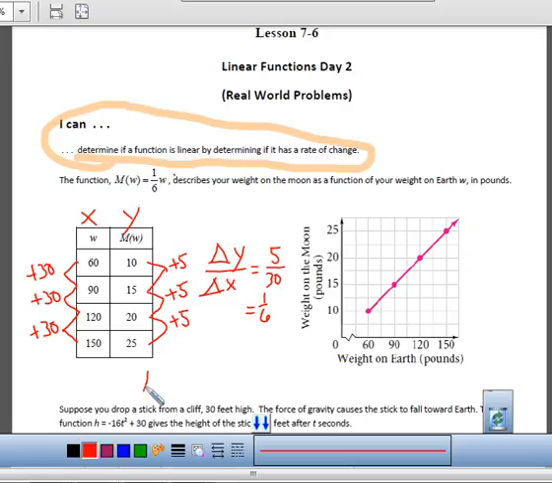So for every 1 pound on the moon, it is 6 pounds on Earth.